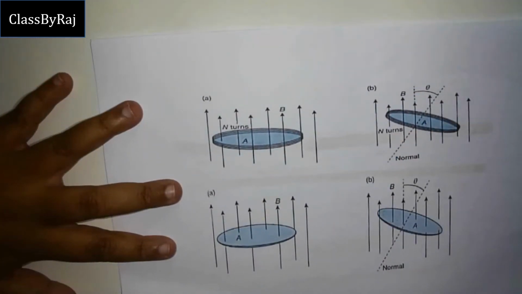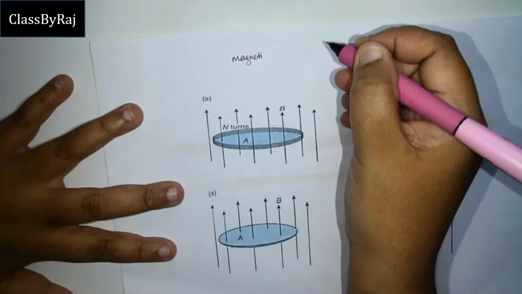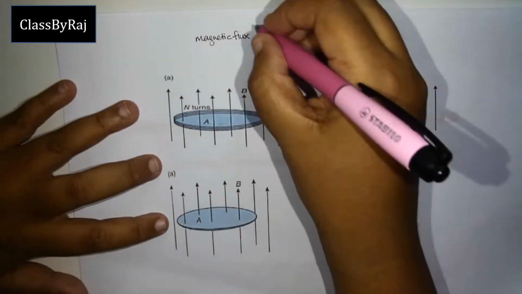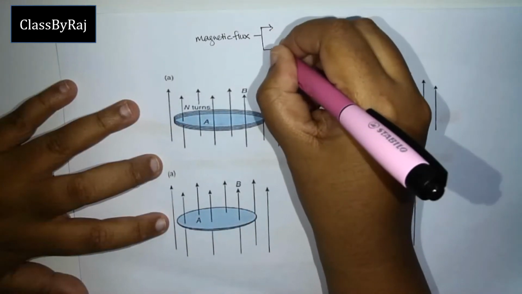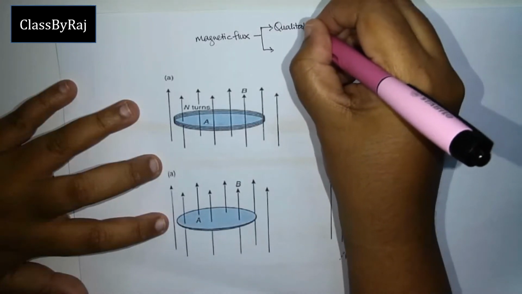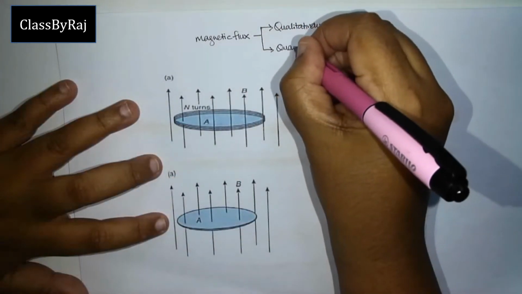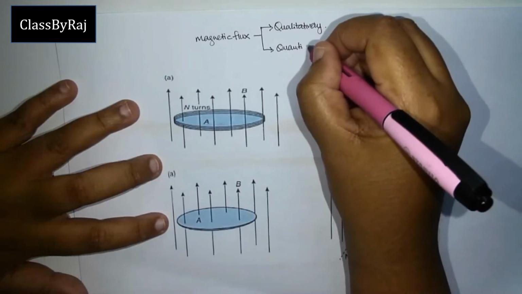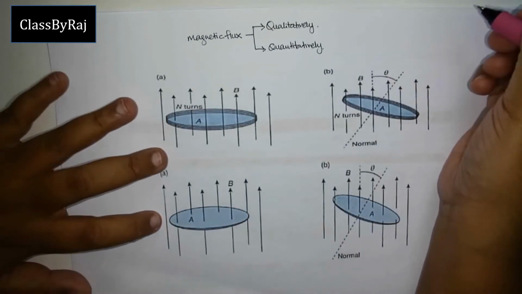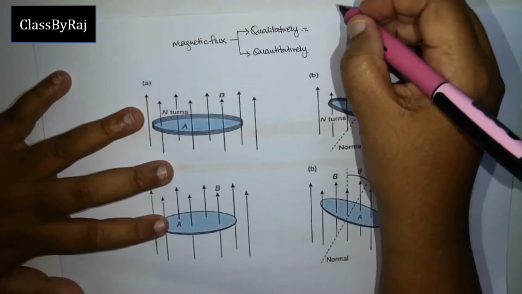We can describe it in two ways: one is qualitatively, and another is quantitatively. By qualitatively, it says the number of magnetic lines of force that pass through the area.